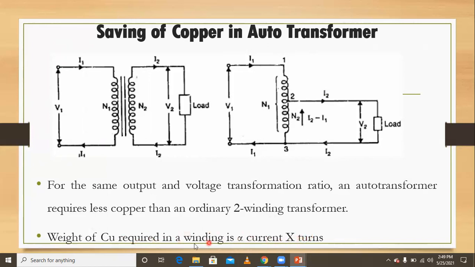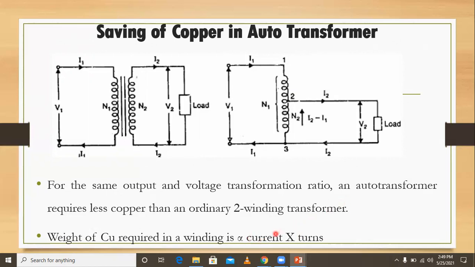And why is the weight of copper proportional to the current? If we want to handle more current, the cross-sectional area of the conductor increases. Am I right or not? If the current flowing through the winding is I, to handle a very high current the cross-sectional area of the winding increases.